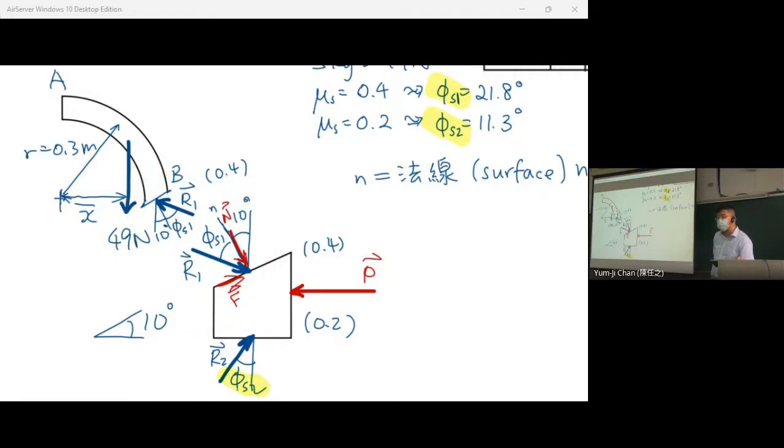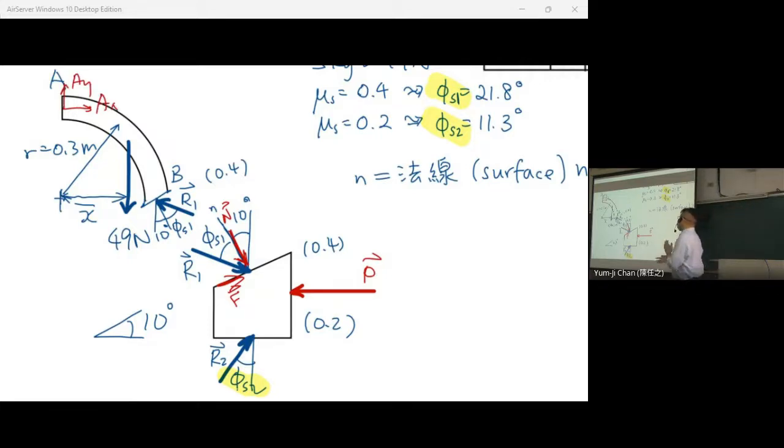And now we have a pin joint at A. Do we know the direction of the force at A? Of course, you can always draw AX and AY here, because it is a pin joint, right?